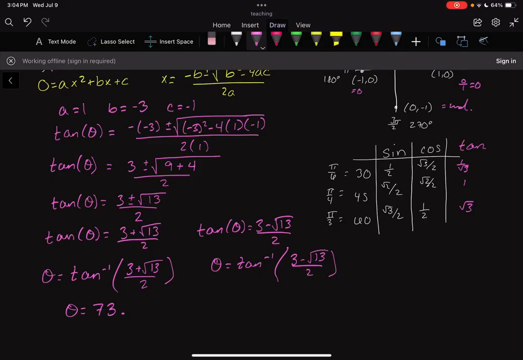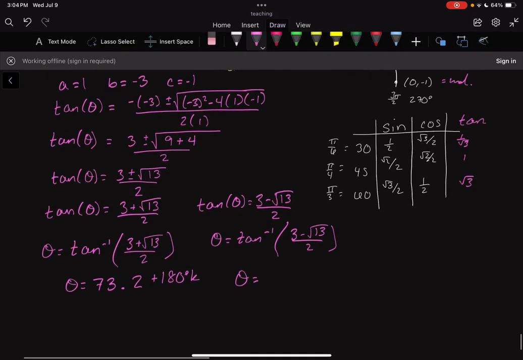Let's see, this one is asking for nearest tenth, so I'll go ahead and just write it like that. Now we want to always be careful here because remember that it's always plus 180k for tangent. And I just want to check that because if I am able to add 180, I'm going to have to include that in my answer.